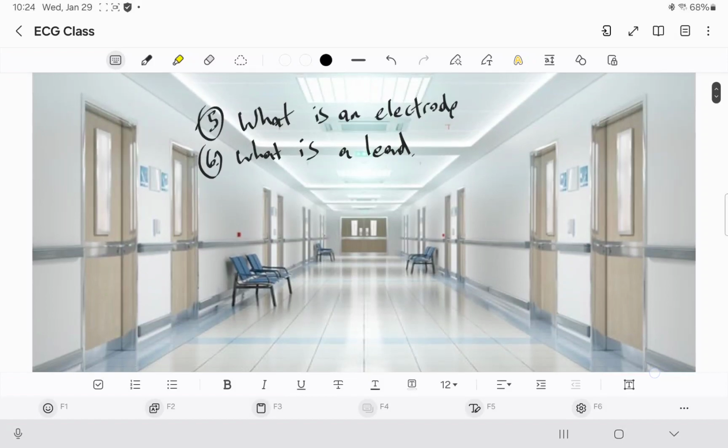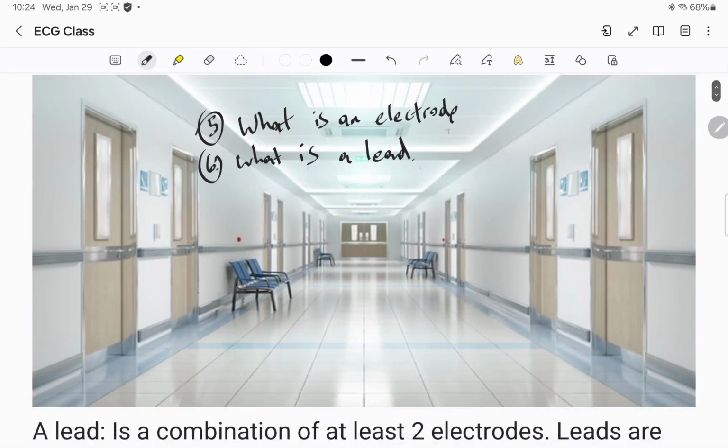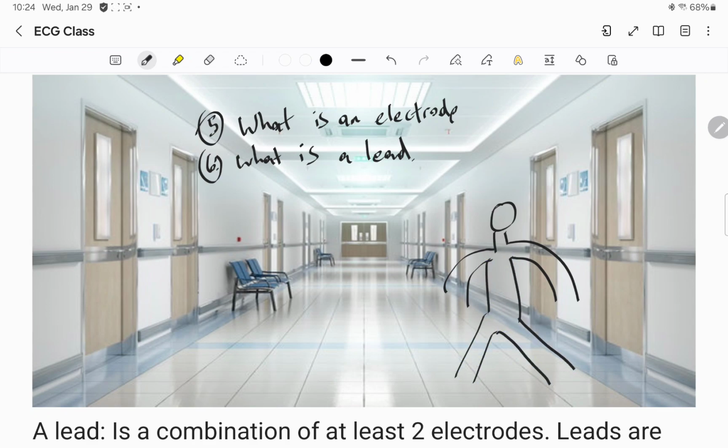Going back to a diagram, let's go back to our stickman. I'm not an artist, guys. Stick guy has an electrode here, here, here, here, here. On your cardiac monitor, it will combine the right arm electrode and the left arm electrode to form lead 1.